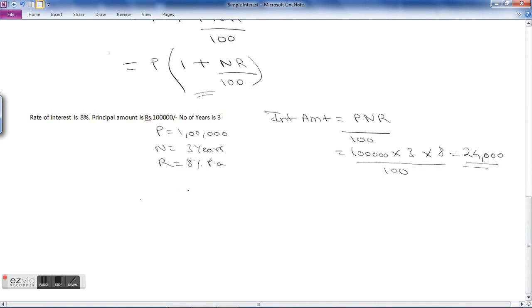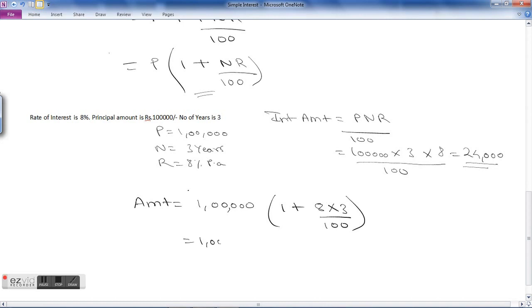Amount is equal to P, P is 1 lakh, into 1 plus NR, NR is nothing but 8 into 3 years divided by 100.